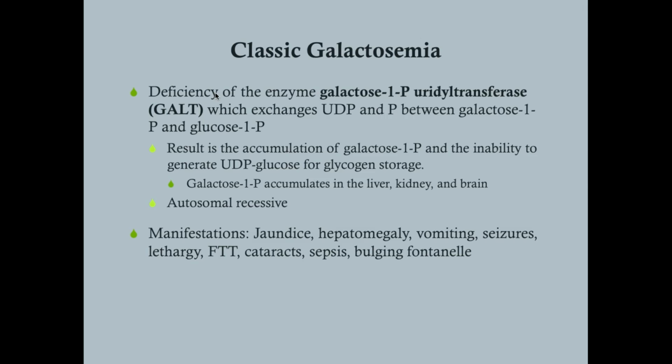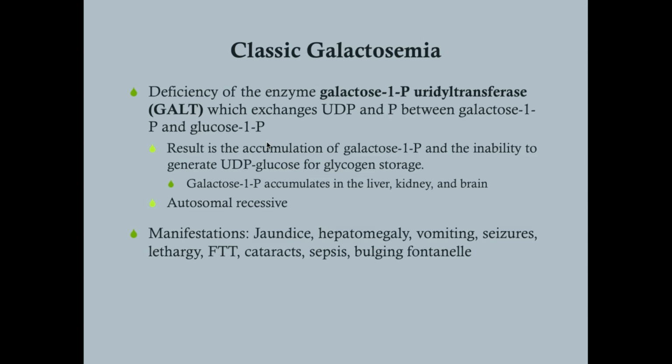Okay, so this is a deficiency of the enzyme galactose 1-phosphate uridyl transferase, otherwise abbreviated as GALT. And what this does is it exchanges the UDP and phosphate between the galactose 1-phosphate and the UDP glucose. And so it'll exchange those dancing partners. And so you'll go from galactose 1-phosphate and UDP glucose to UDP galactose and glucose 1-phosphate.